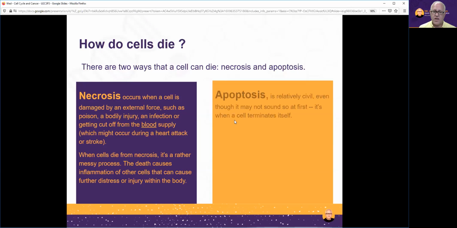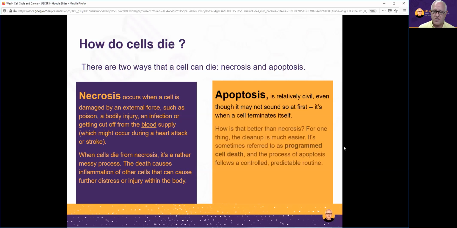The other way cells die is through what is known as apoptosis. It's a relatively civil way that a cell dies, even though it may not sound so at first. And it's when a cell essentially terminates itself. The cell knows that it's not going to survive, so it gets its signals to self-destruct.